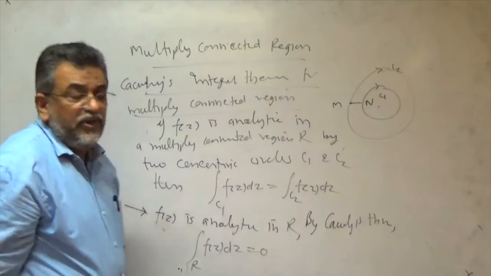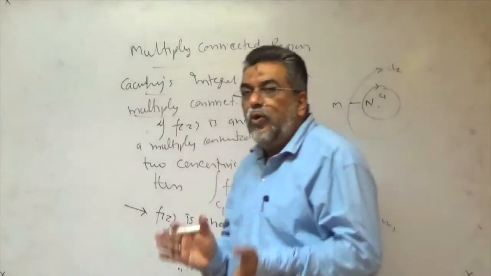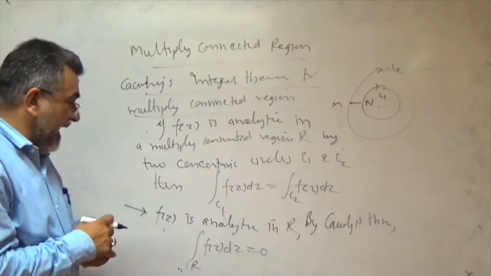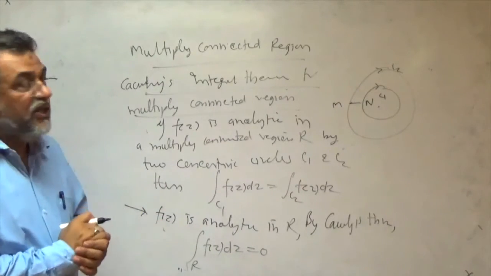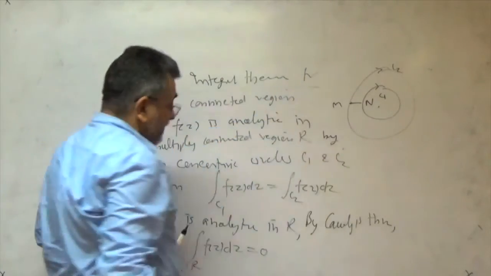I just stated this theorem: if any function is analytic in a closed domain, in a closed curve C, then the integral along that curve of the given function vanishes.